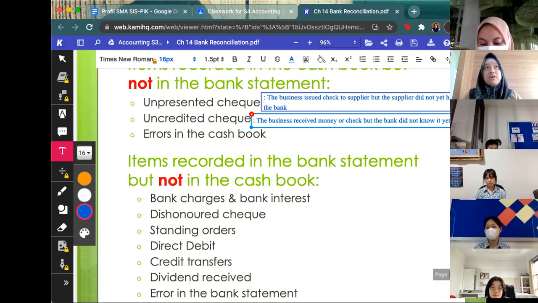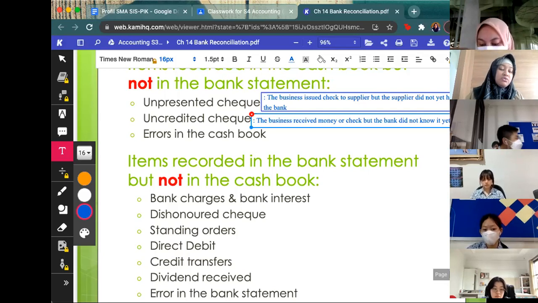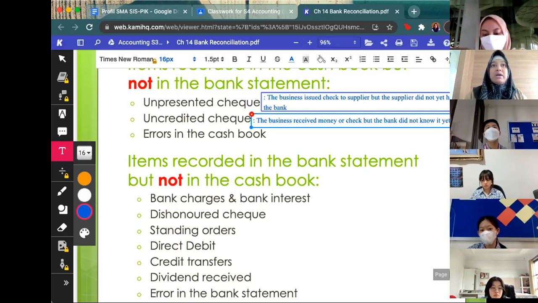Usually if a different bank makes a transfer, let's say Nara paid to Fisya. Nara used, let's say, BCA Bank. Meanwhile, Fisya used, let's say, Mandiri Bank. And then the amount is quite big, let's say 200 million rupiahs. A transfer with that amount of money requires some time, maybe about 2 days, usually 2 days or maximum 3 days.